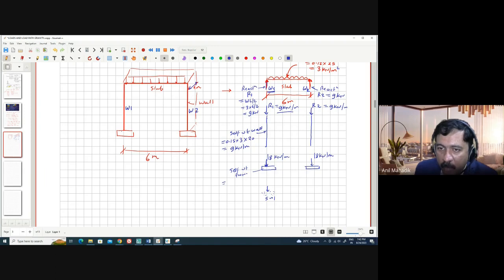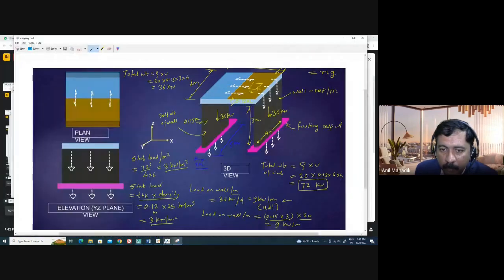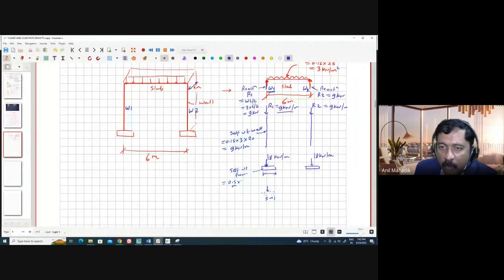The footing thickness is 0.5. Then what is the width? What did I assume? 1 meter, right? This is 1 meter, the width of the footing. 1 meter into density of footing; I'm not taking the remaining volume because it is 1 meter length.